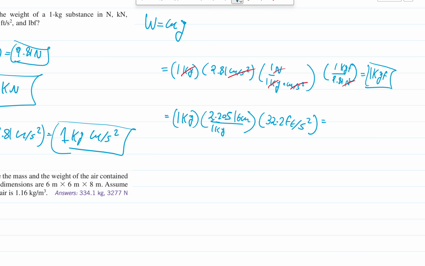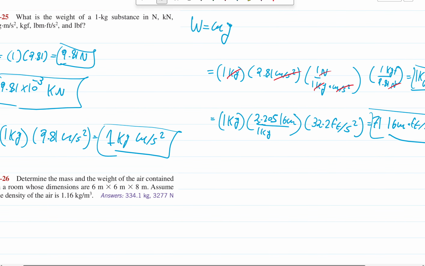It's going to give us this value, and so 1 pound mass, 1 pound, feet per second square. No, sorry, it's going to be 71 pound feet per second square.